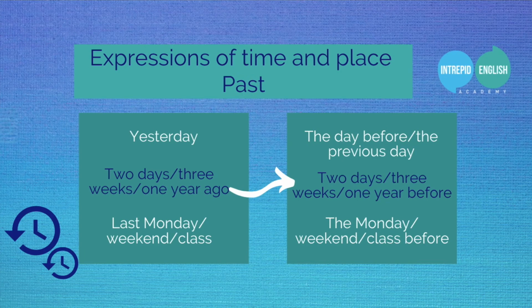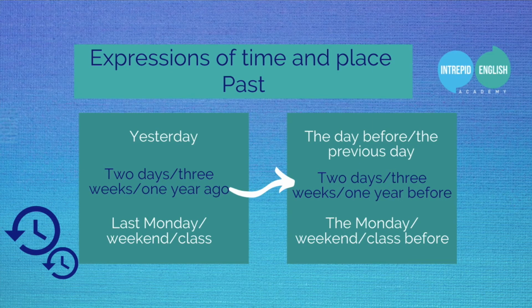Here are some expressions of time and place in the past. So these are just some of them, not all of them, but these are probably the most common ones. Yesterday turns to the day before or the previous day. 2 days, 3 weeks, 1 year ago becomes 2 days, 3 weeks, 1 year before.